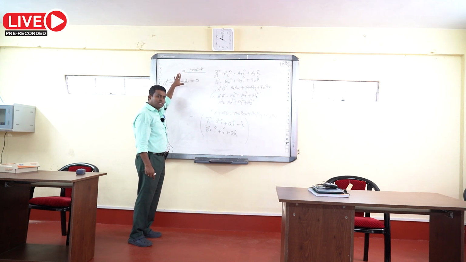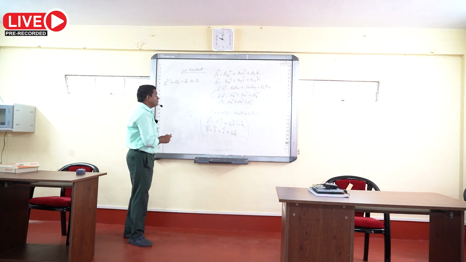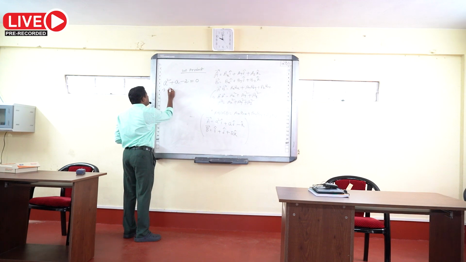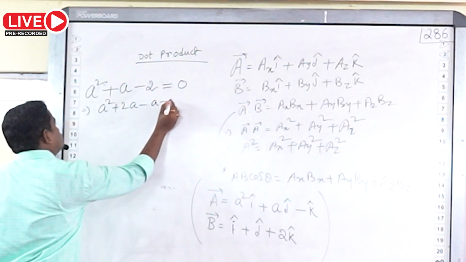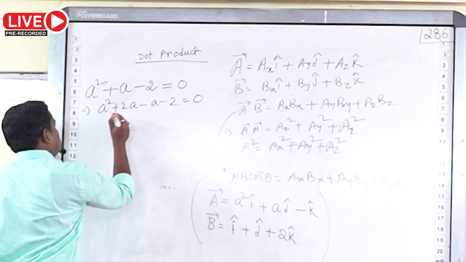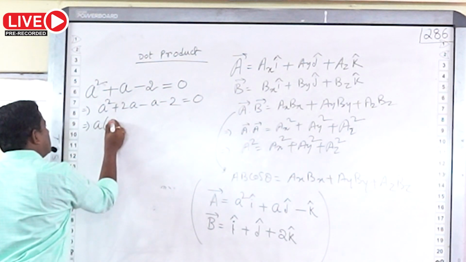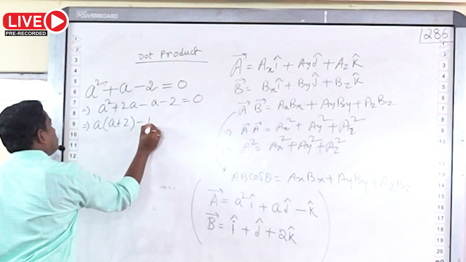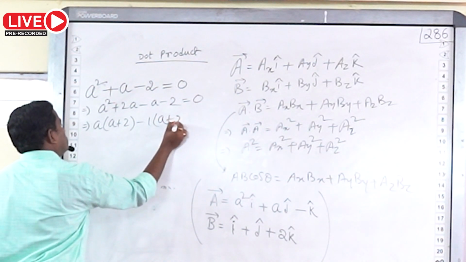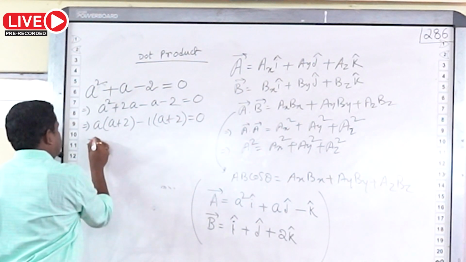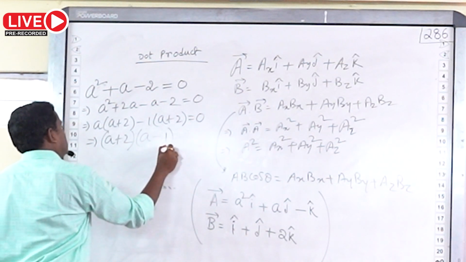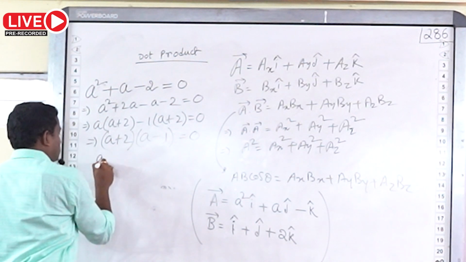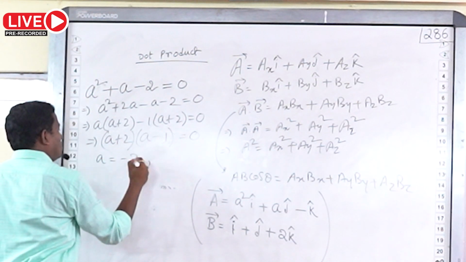This is a quadratic equation. It will become a square plus 2a minus a minus 2 equal to 0. So a common, a plus 2, minus 1 common, a plus 2, equal to 0. So it is coming a plus 2 into a minus 1 equal to 0. So a equals minus 2, comma 1.